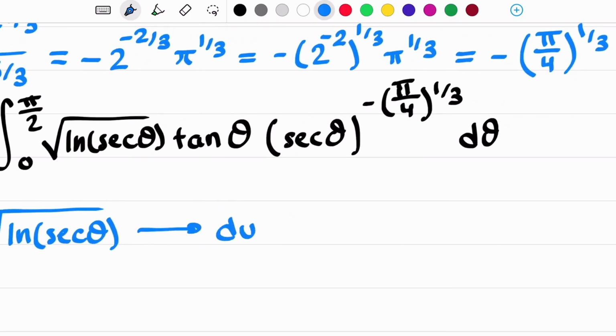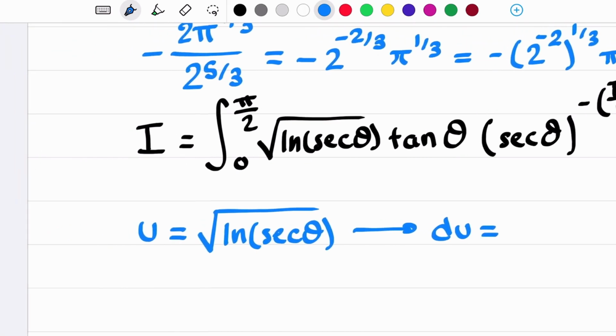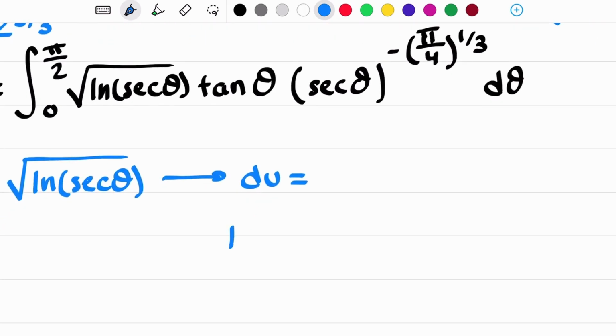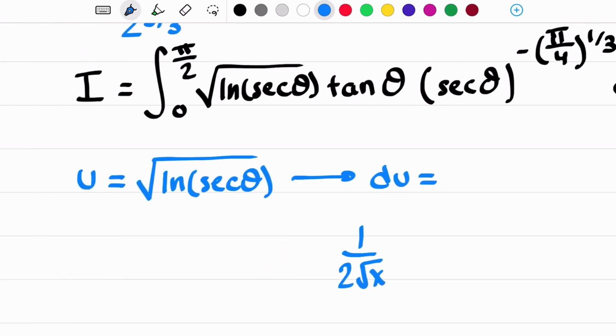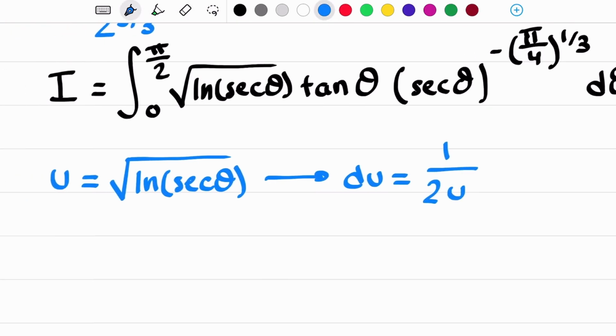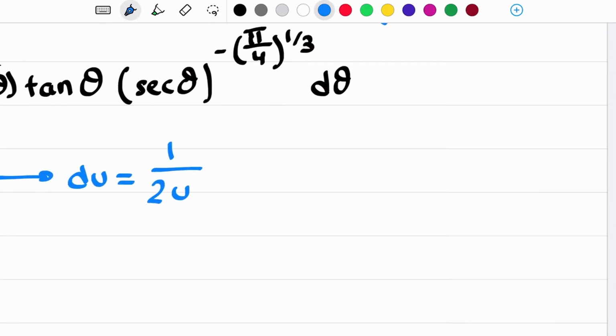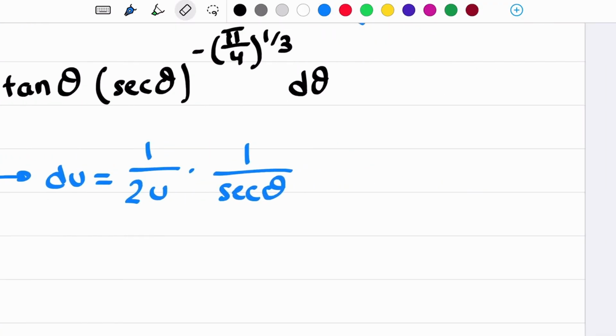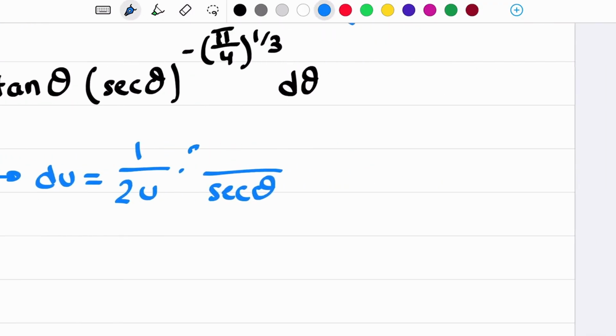So du is going to equal, well, remember the derivative of the square root of x is 1 over 2 root x. So this is no different. It's going to be 1 over 2 root ln secant theta, which is just u. So 1 over 2u. And then the derivative of the inside, natural log of secant theta, is 1 over secant theta, and then times the derivative of secant theta, which is just right up top, secant theta tangent theta d theta.